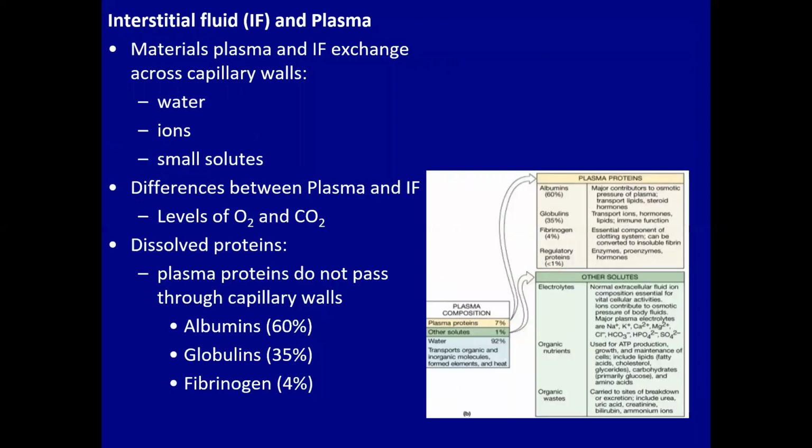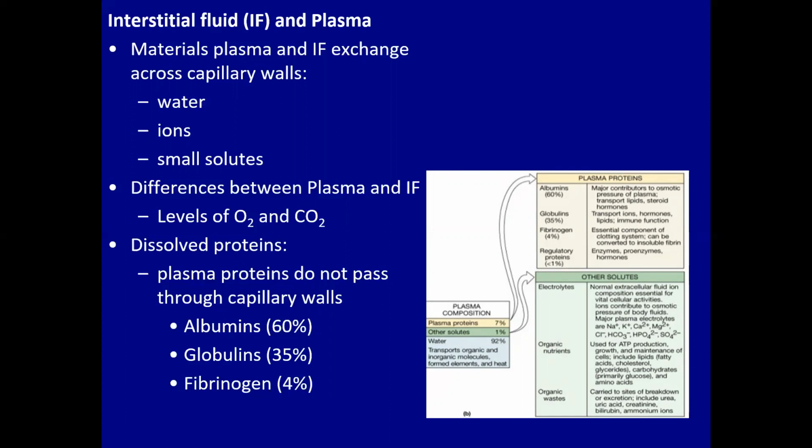When we compare interstitial fluid and plasma, we know that they are going to exchange substances because we have the very, very smallest of our vessels, called capillaries. Their walls are only one cell layer thick, and there is a constant exchange of water, ions, and small solutes.